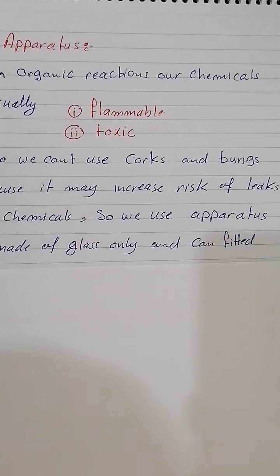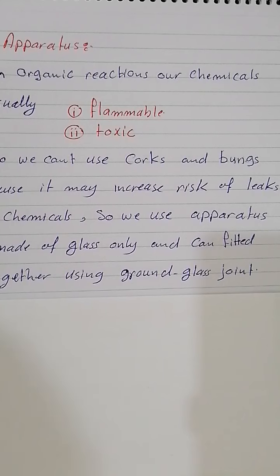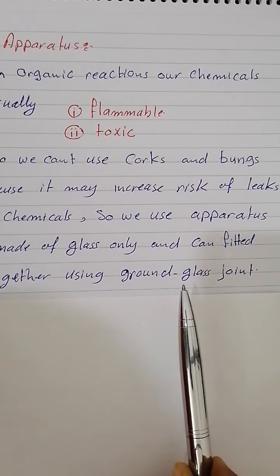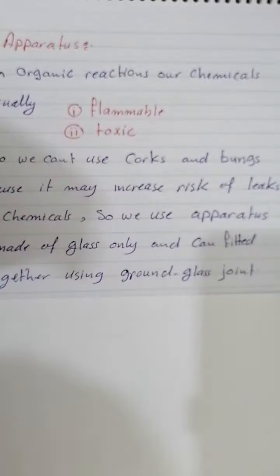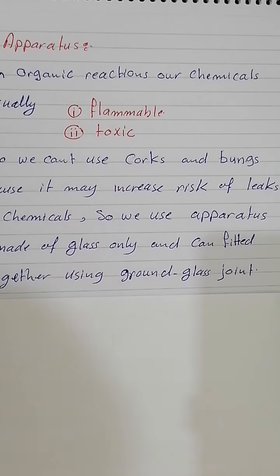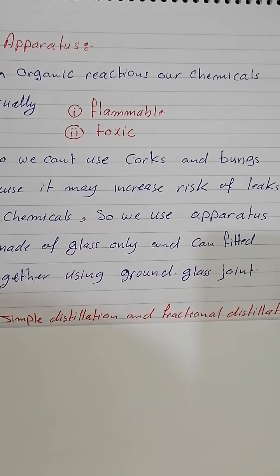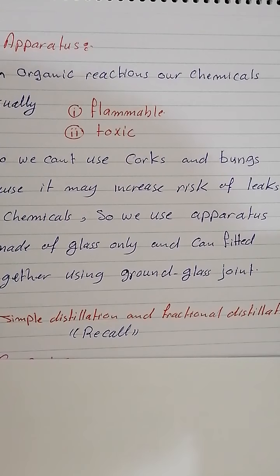It can be fitted together using a ground glass joint, bonded together by glass joints without any other material, to avoid its reaction or melting due to the effect of organic chemicals.